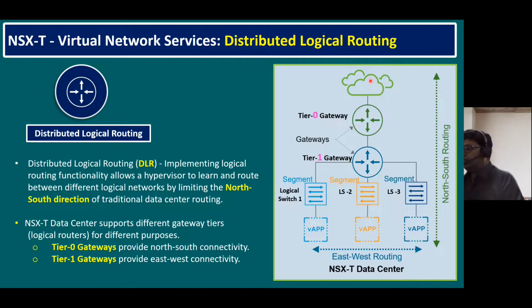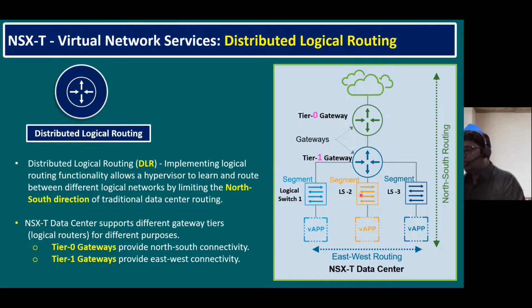So now let's try to understand the right side diagram. The diagram shows NSX-T data center and we have a virtual app. Virtual app means grouping of multiple virtual application servers. So we have groups of VMs, but each group of virtual machines is connected to one segment, that means one logical virtual network, and this icon refers to logical switch 1, another network connected to logical switch 2, another group of VMs connected to logical switch 3.